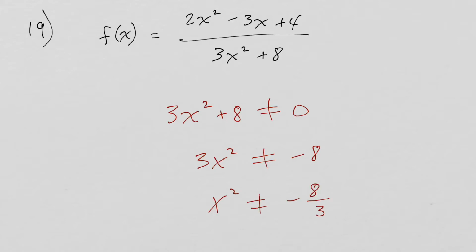Well, I know that's true. That's always true for any x because anything squared is always 0 or positive. That's a negative. I could have identified that right from here, but I took a few steps to really prove it to myself. Okay? So the domain for this is all real numbers.